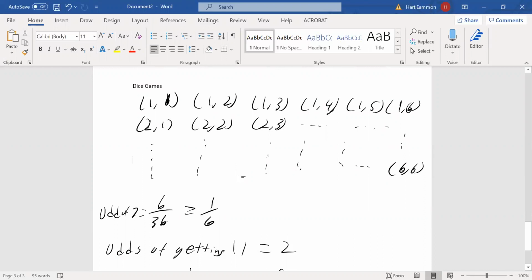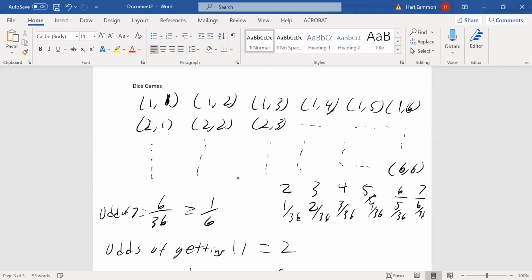Any of the possible numbers that pop up are: 2, which has the odds of 1 over 36, 3, which has 2 over 36, 4, which has 3 over 36, 5 has 4 over 36, 6 has 5 over 36, 7 has 6 over 36, 8 has 5 over 36, 9 has 4 over 36, 10 has 3 over 36.